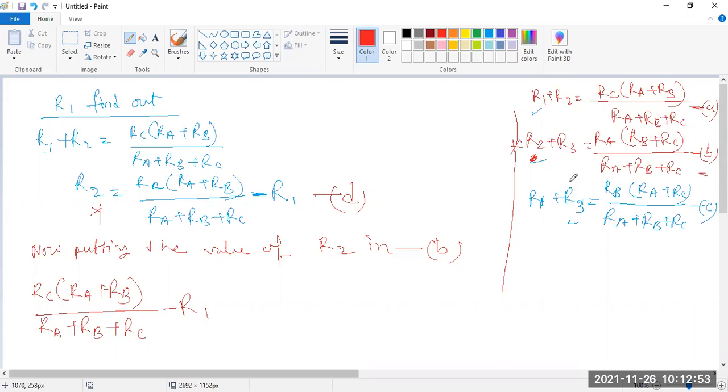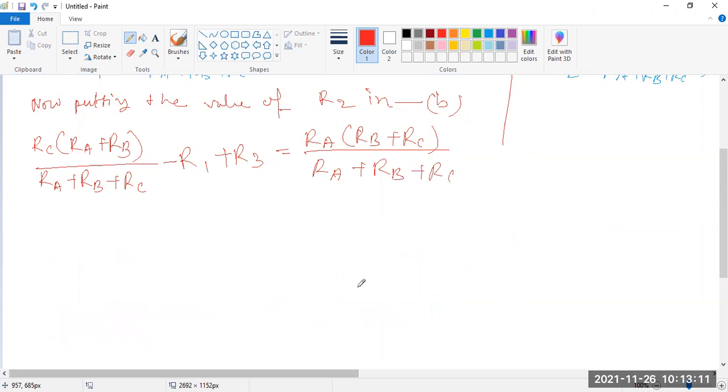And here is R3 plus R3 equal to RA RB plus RC divided by RA plus RB plus RC. I think up to this clear to all of you. You can get just R3 minus R1. Okay.